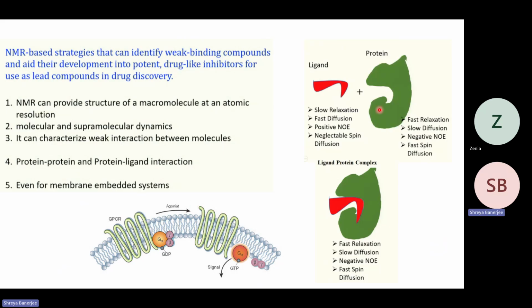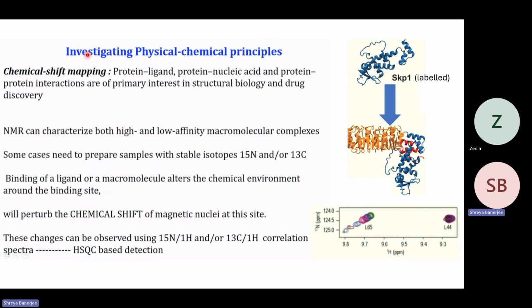We saw a few slides ago that the NMR properties of ligand and protein are completely different, but protein and protein-ligand complex have similar properties since they are both large molecules. So for investigating the physical chemical principles, one thing is chemical shift mapping. Protein-ligand, protein-nucleic acid, and protein-protein interactions are of primary interest in structural biology and drug discovery.